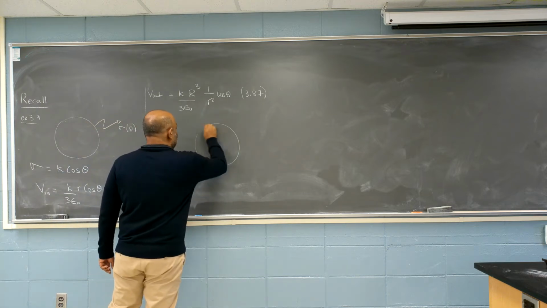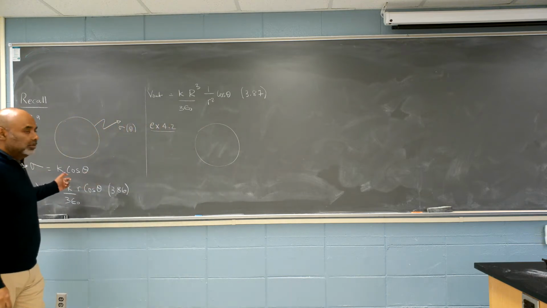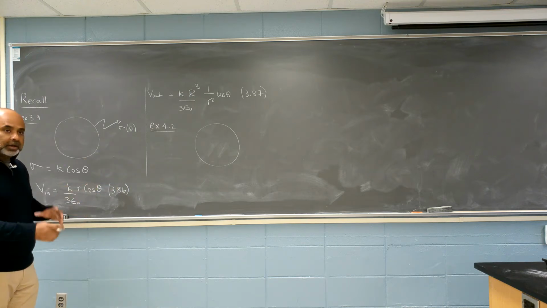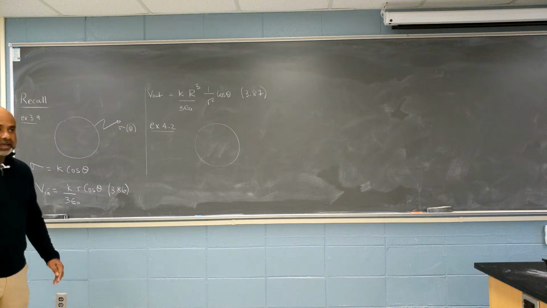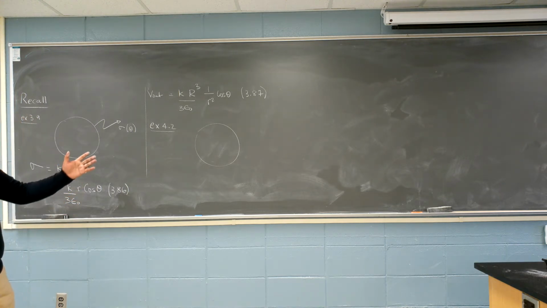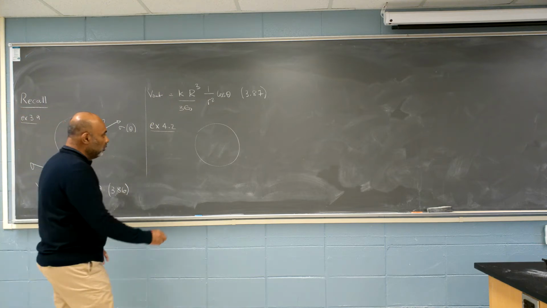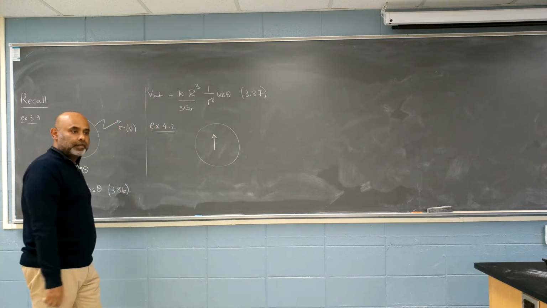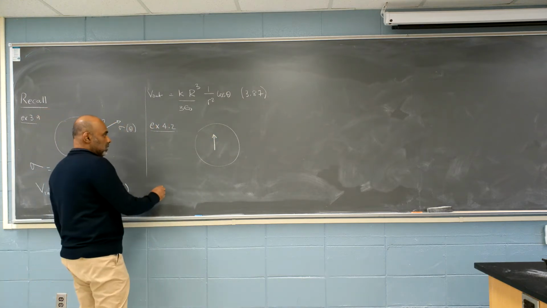So obviously, if we compare it to the previous problem, it's a spherical solid object, except now there's no charge in it, but this is made of a polarized material.